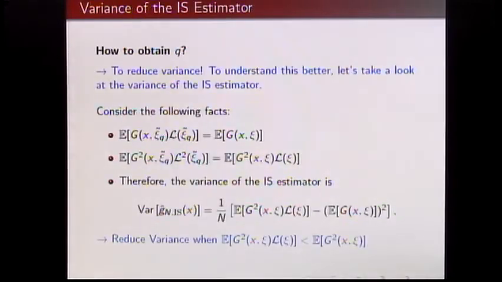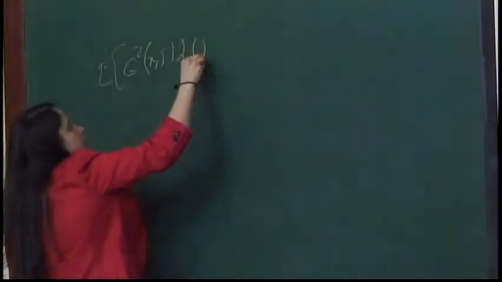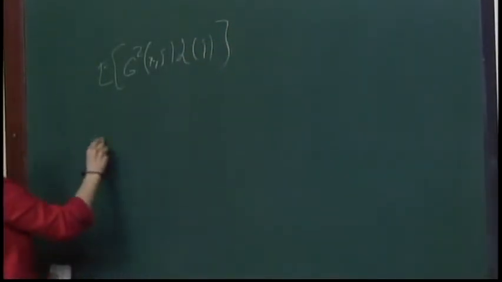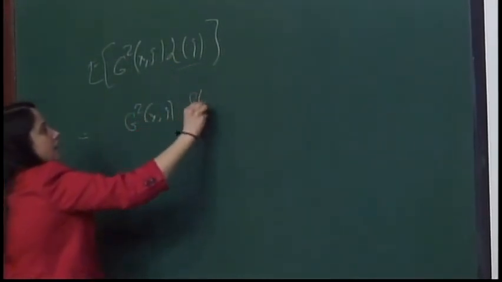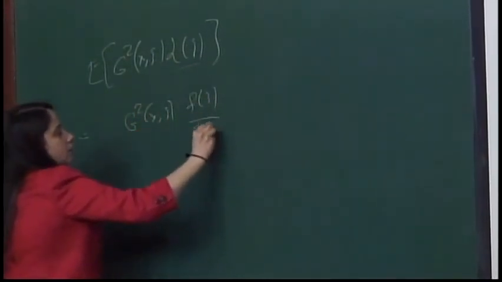Go back, back. So, I want, right? Expected g squared, what do I have? x, L of x, something like this. So if I want to write this, I can say g squared of x, L is f of x over q of x.